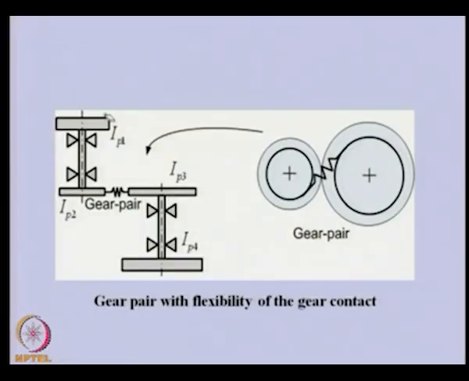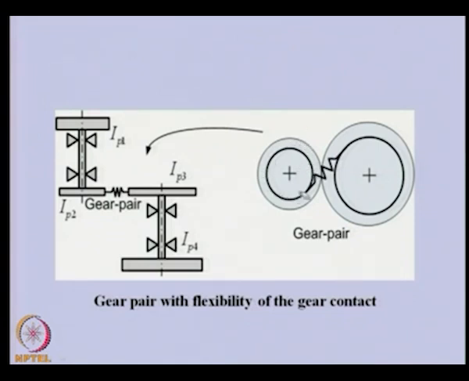So, in this particular case we are taking basically this kind of gear pair. You can see this is gear 1 and gear 2, these are two flywheels, and in between the gear pair we are considering the flexibility due to the contact between two teeth, and that we can model like this.